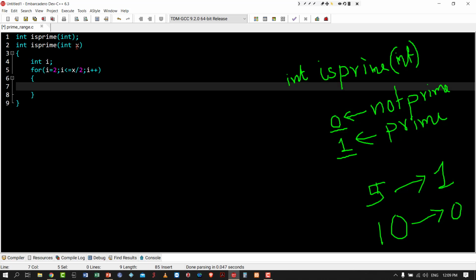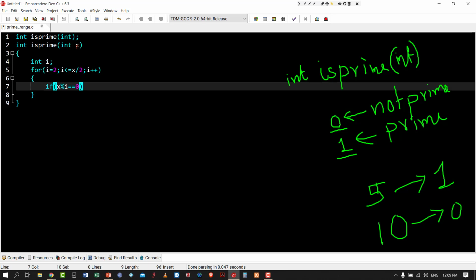Here I am not using any flag variable. If x mod i equal to 0, that means we are dividing from 2 to x by 2. In the process of that division, if at any point the remainder becomes 0, what's the meaning? It is not prime.